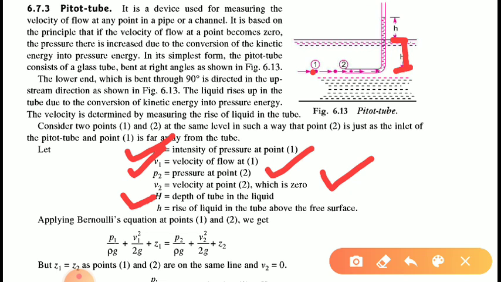So the depth of the free surface of the liquid from this pitot tube is called capital H. And the small h is the rise of the liquid in the tube above the free surface. Whatever the extra rise of the liquid in this pitot tube is called small h, which is actually the conversion of kinetic energy into this pressure head.